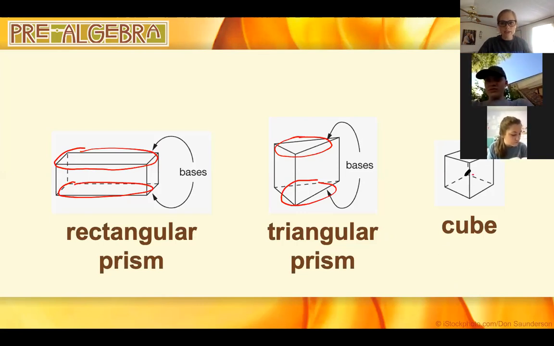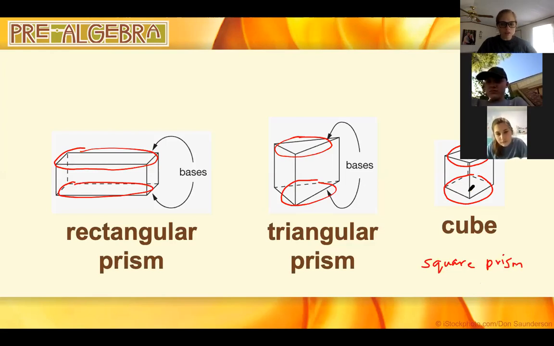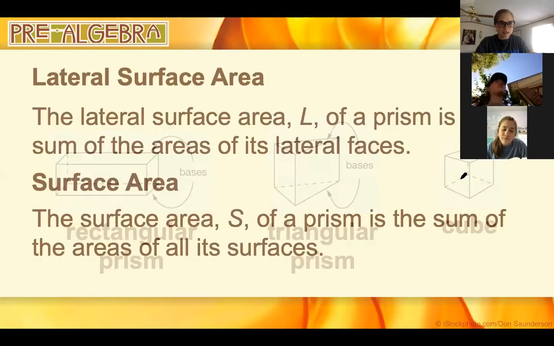Well, check out the base. What kind of bases do we have in a cube? Squares. So this is also known as a square prism. All of the bases and faces of a cube are the same shape, so they're all squares. So cubes are nice and easy.